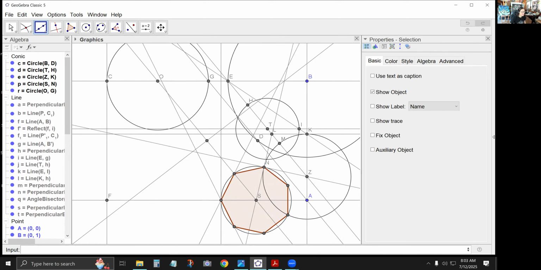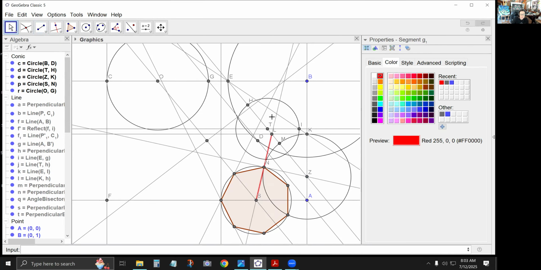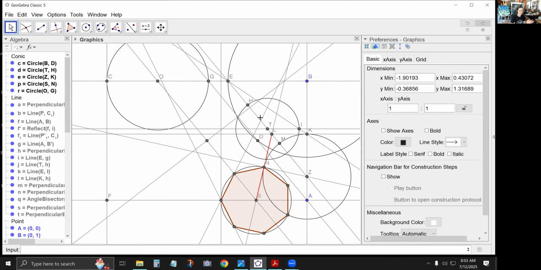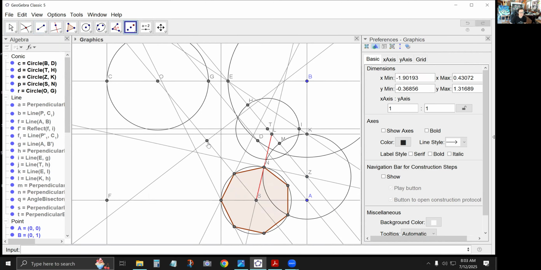And then I'm going to put in segment LS, and I want to make that red. So I'm constructing this just like the Anonymous Persian Compendium.